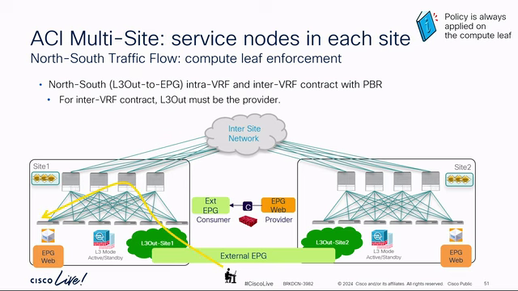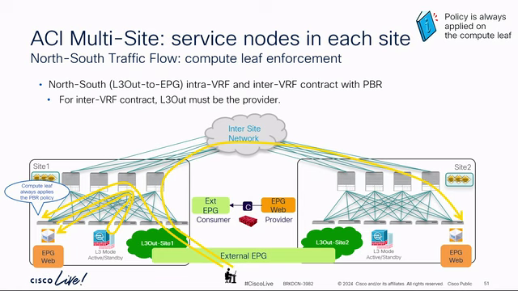Similar to the multi-pod case, we apply policy on the compute leaf instead of the border leaf. Then the local firewall will be chosen. Unlike multi-pod, multi-site cannot redirect traffic to a remote location because we expect that we have decent high availability within a site. This is one fault domain.